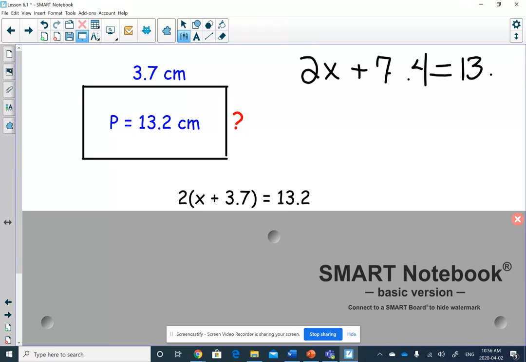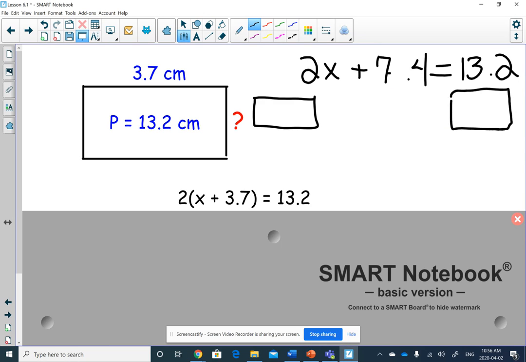I could solve this algebraically, or I could solve this using an arrow diagram. So if I was drawing the arrow diagram, I would have 2x plus 7.4 equals 13.2.